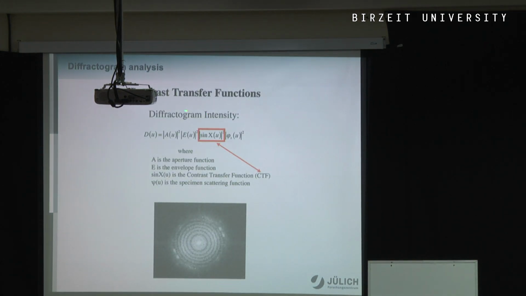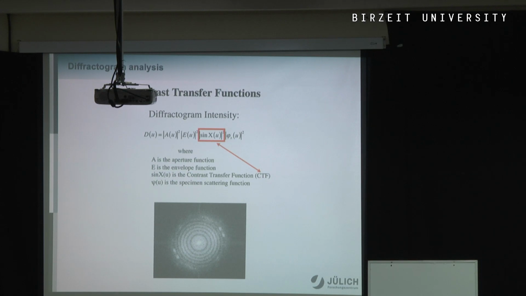So in the diffractogram, what you have is these envelope functions which I described before, but now you have the modulus squared of each of these functions, including the sine of the aberration function, times the specimen potential squared. And in this case, you have some background intensity because you have an amorphous region.